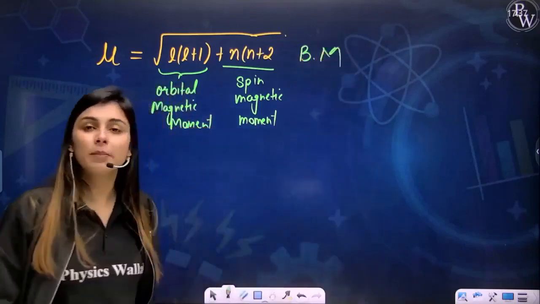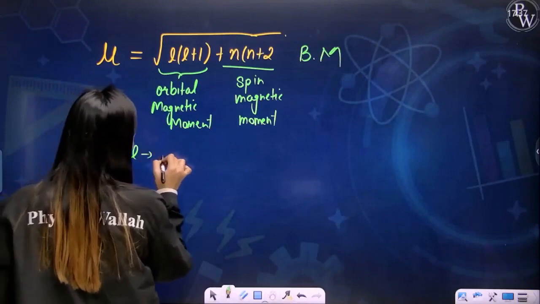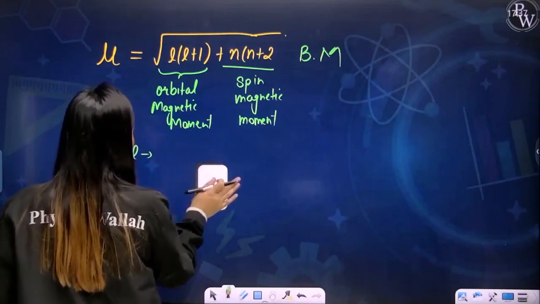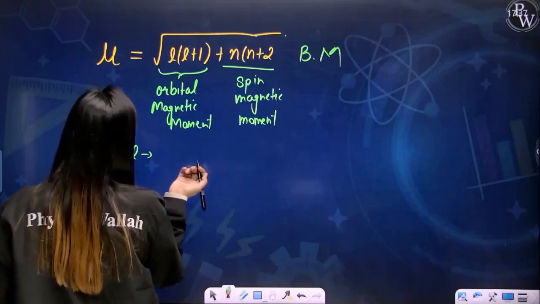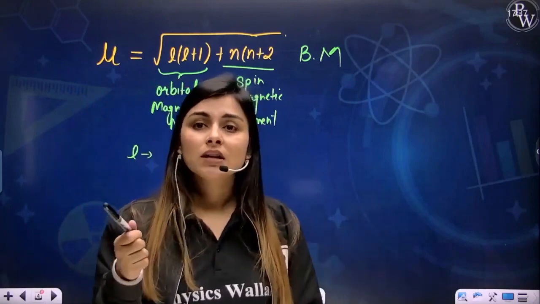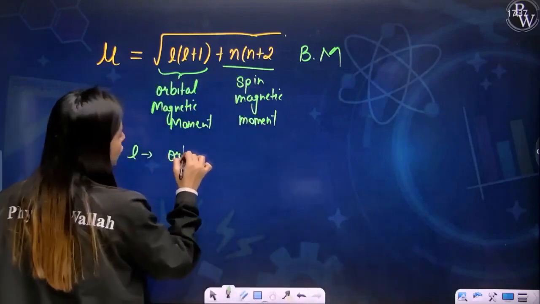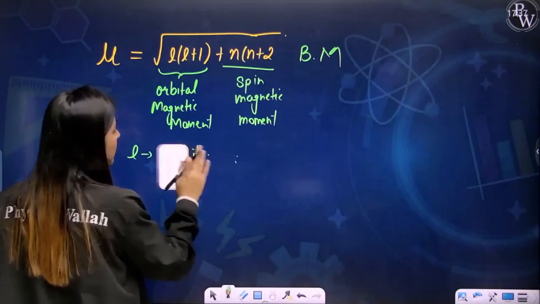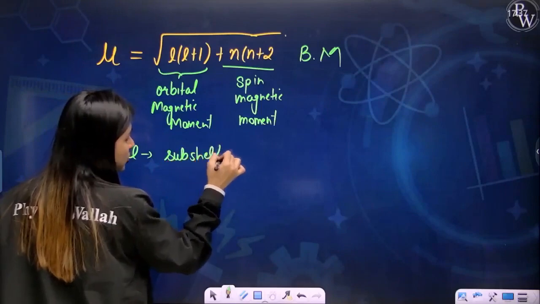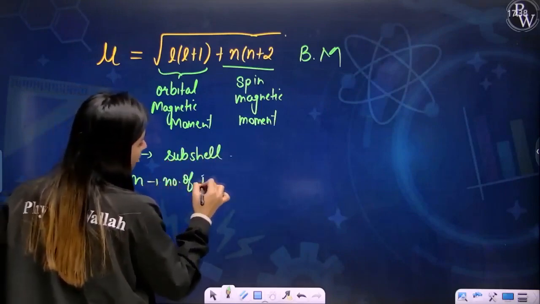BM stands for Bohr magneton. Here L gives you information about the subsidiary level. Can I say that it gives you the orbit number? Not the orbit number, actually it gives you the subshell number. So L is your subshell, and N is the number of unpaired electrons.